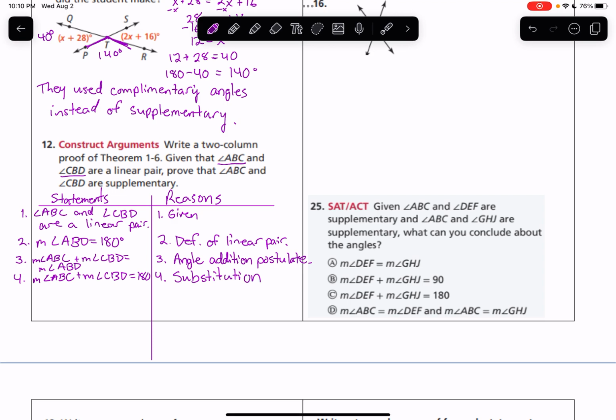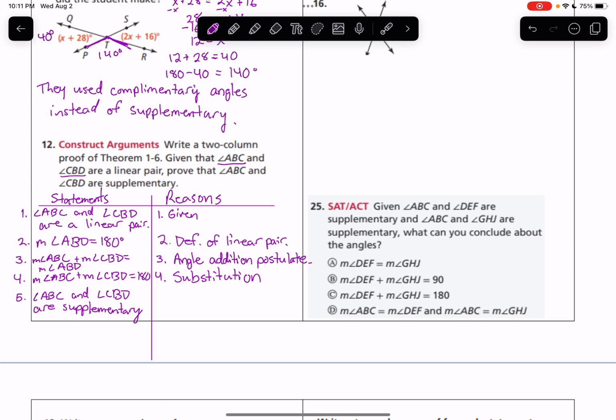And finally, if I know that these 2 angles together equal 180, that is the definition of supplementary. So I'm trying to prove that these are 2 supplementary angles, so I can go ahead and say that we now know that angle ABC and angle CBD are supplementary, right?